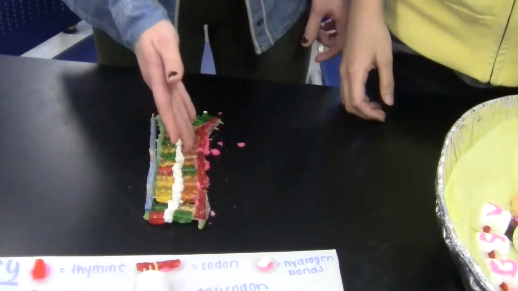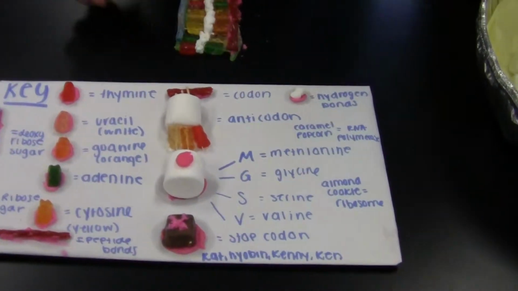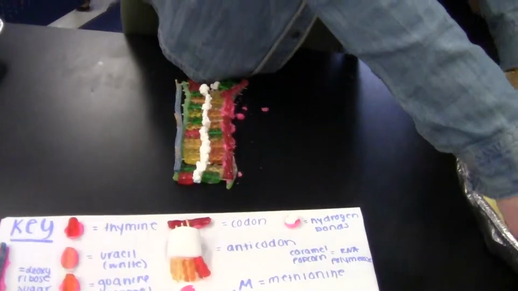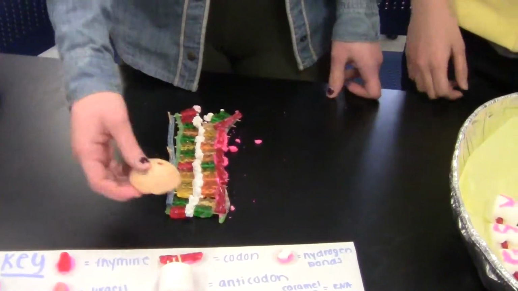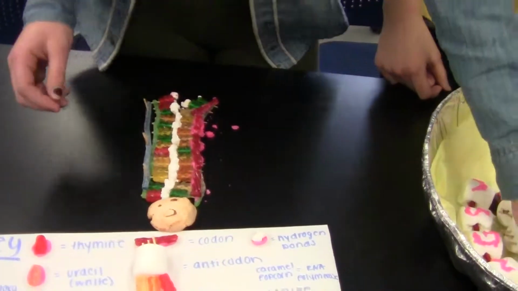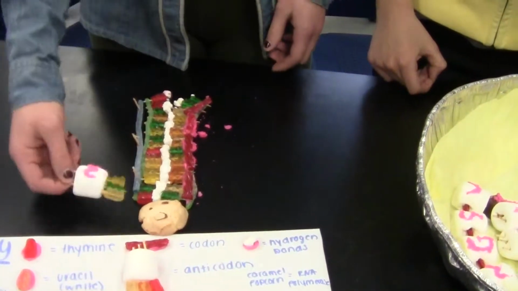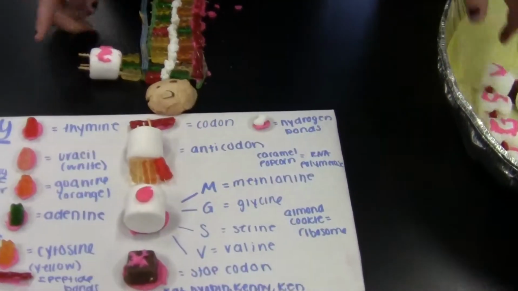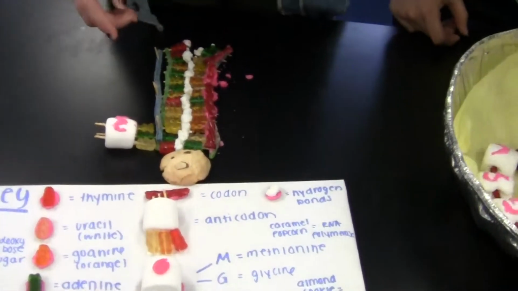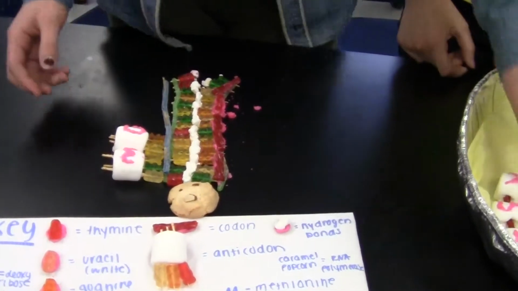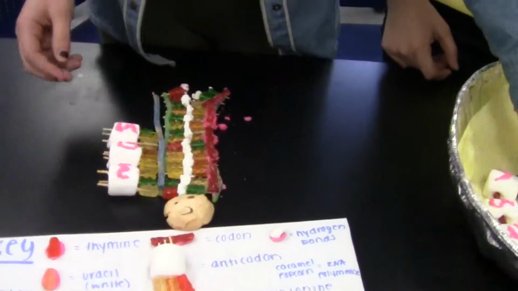So after this part of the mRNA is split from this, it bonds with ribosomal rRNA, which helps to bond the tRNAs with this, like so. And this is methionine, this is glycine, this is serine, and this is valine.